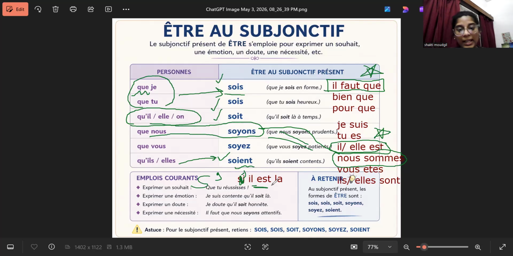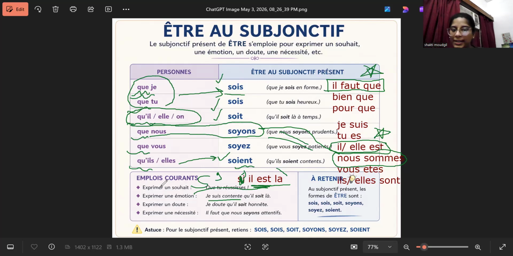Why are we writing il est here? Because there is no que. If the sentence was je suis content s'il est là, then we would not use the subjunctive. When do we use the subjunctive? Only where the que is present. This is why we always conjugate the subjunctive forms with que. Que je, que tu, que nous, etc.